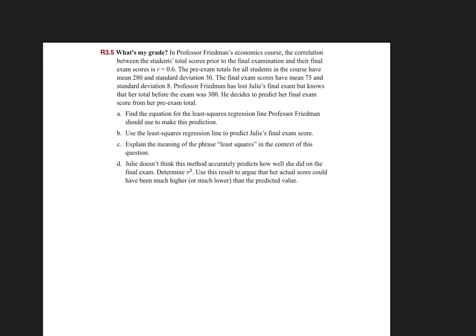We have R, which is 0.6. We have the pre-exam mean, which is 280, and the pre-exam standard deviation, which is 30. And then we have the final exam mean, which is 75, and the final exam standard deviation, which is 8.